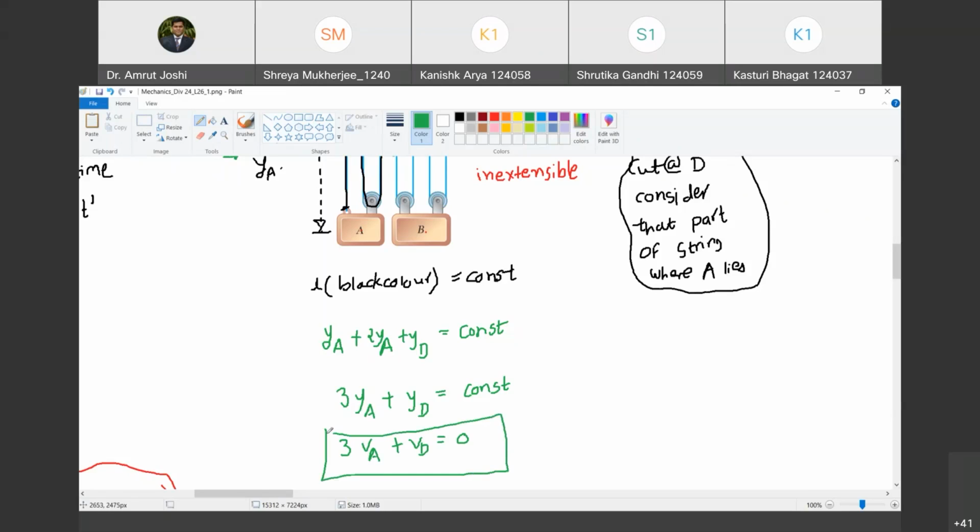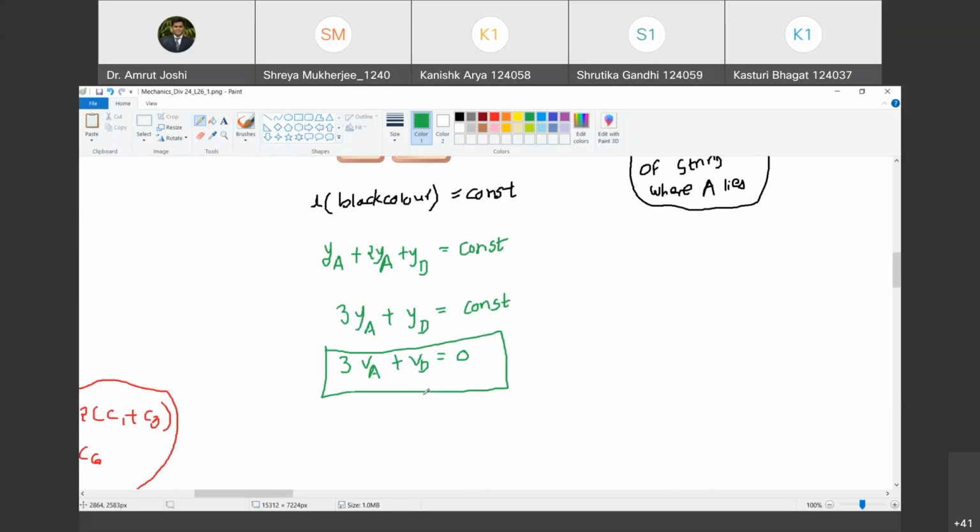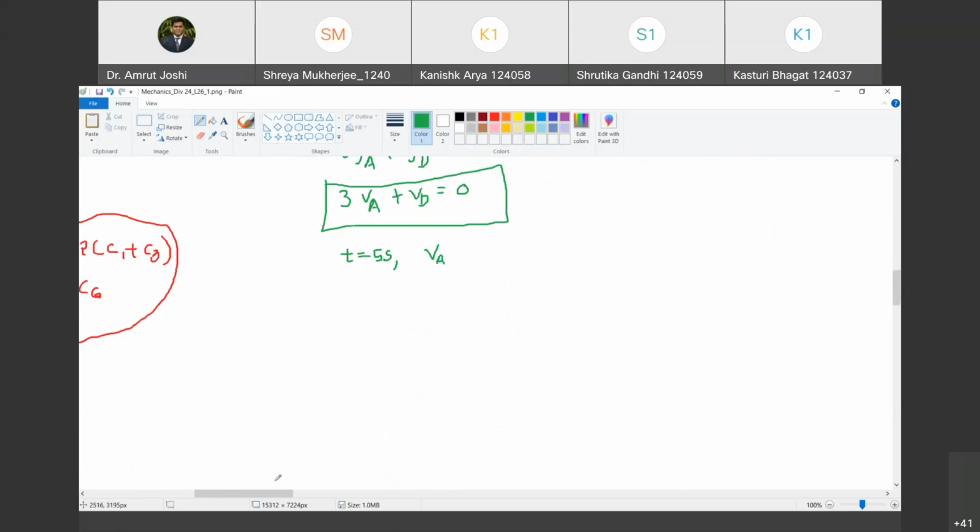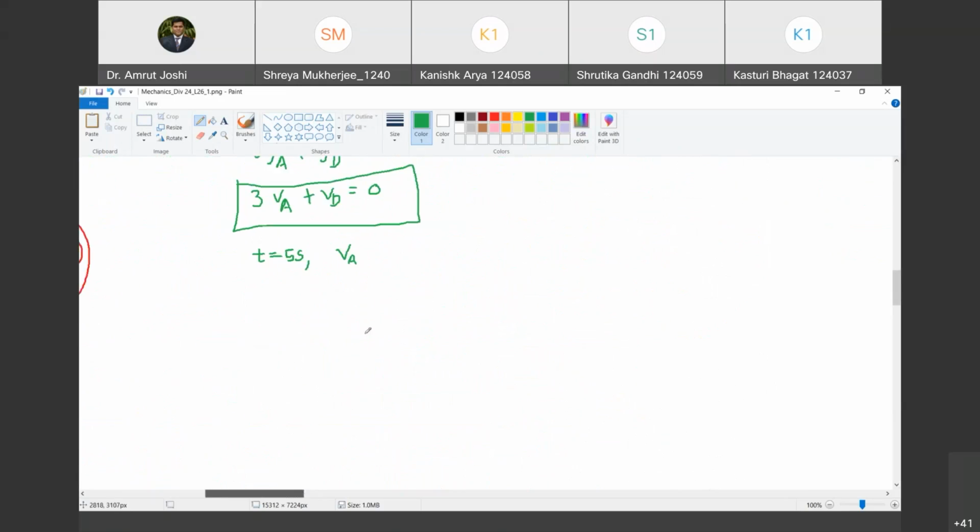Happy? Yes, sir. Okay. At time t equal to 5 seconds, what is the velocity of block A? The velocity of block A at time t equal to 5 seconds is equal to velocity of block A at time t equal to 0 seconds plus acceleration of block A multiplied by 5.